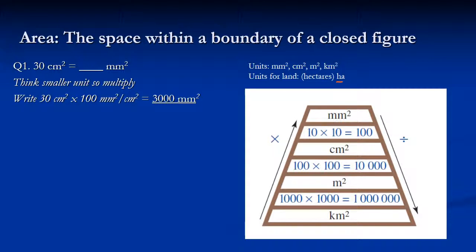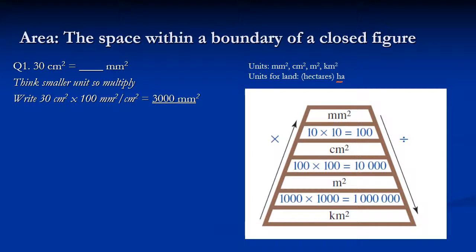If we want to convert now between these units, so if I want to have a look at 30 centimeters and want to convert it to millimeters, do remember we're working with square units, so the conversion factors are going to be squared as well. So you know that there's 10 millimeters in a centimeter, but there's 10 times 10 square millimeters in a square centimeter. So we just have to be careful of that.